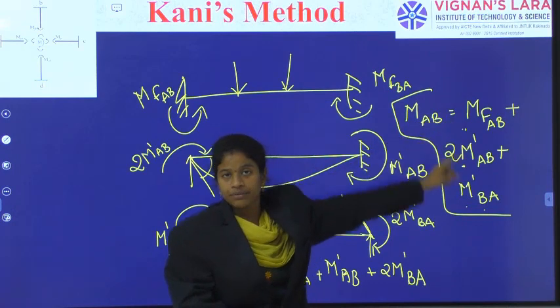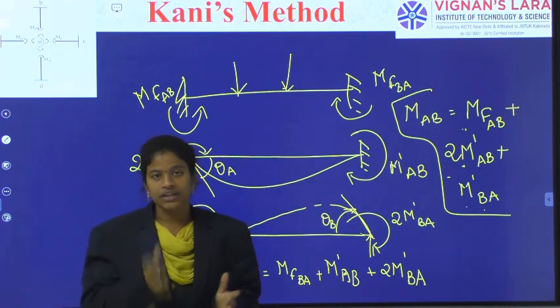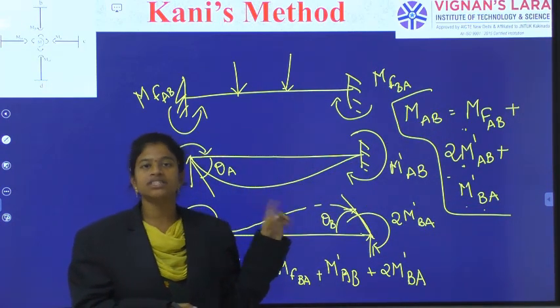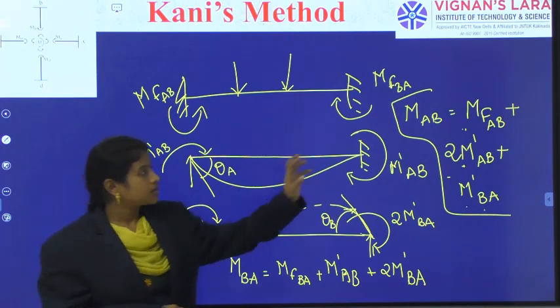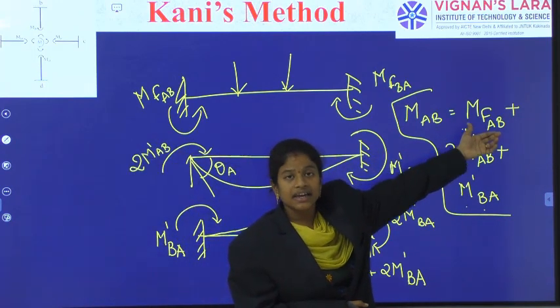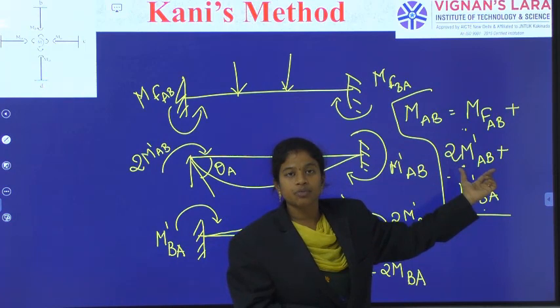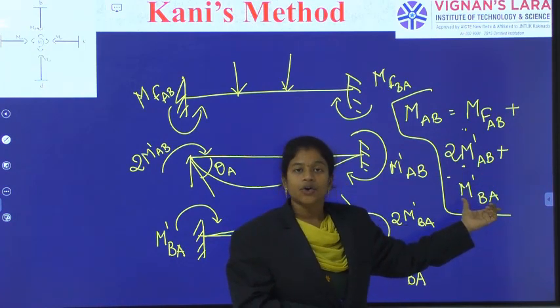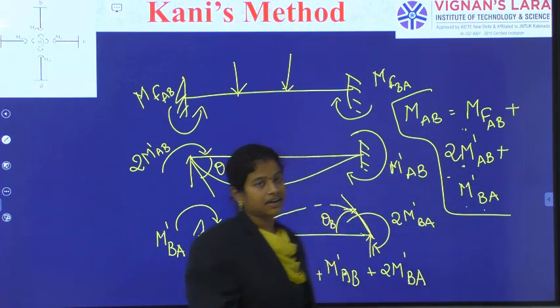At A towards B I am writing, that's why nearer and farther end are very important. So, the fixed end moment at the nearer end, 2 times the rotation contribution moment at the nearer end, and the rotation contribution moment of the farther end.